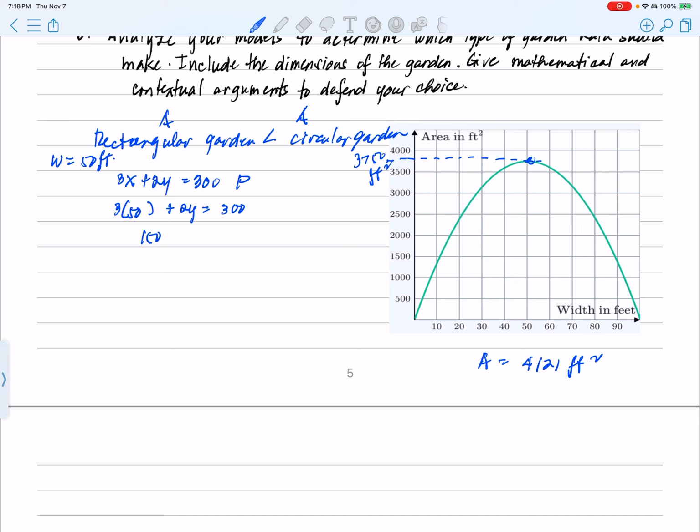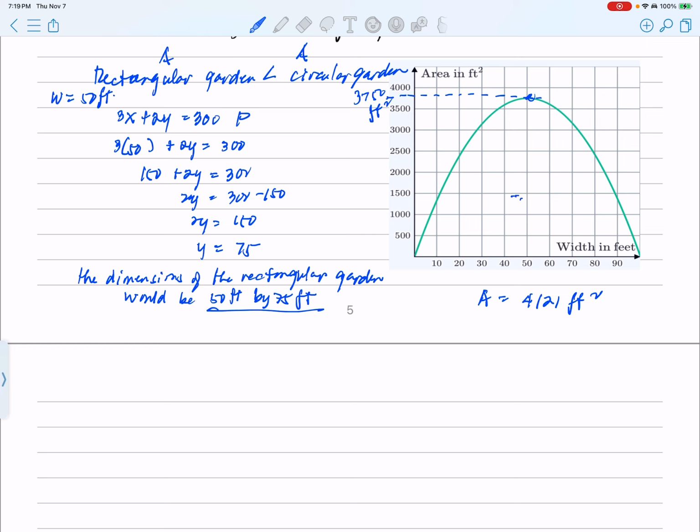Because this graph right here is the graph that we assume when we try to graph the function made in circular fencing. Circular has a greater area, but the edges don't consume the space well, if we think about the space not being suitable for planting the fruit and the vegetables.